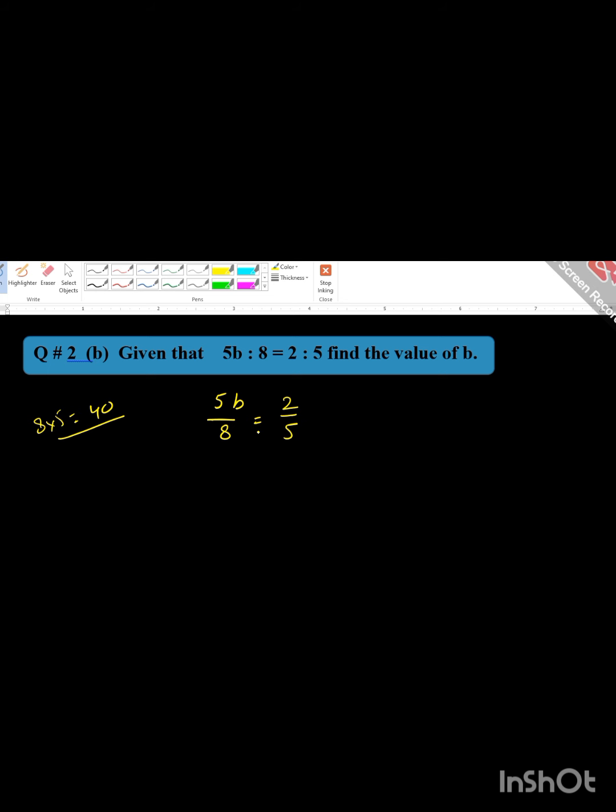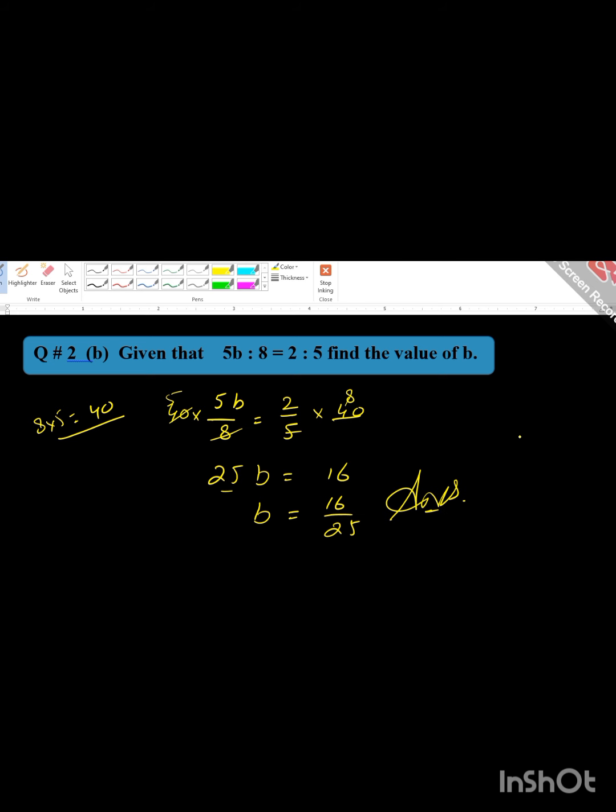So we will multiply 40 on both sides. The 5 8s are 40 and 8 5s are 40. What do we get? 5 5s are 25, b, and 8 2s are 16, and we will divide by 25 on both sides. Then we get b is equal to 16 over 25. So that is your answer.